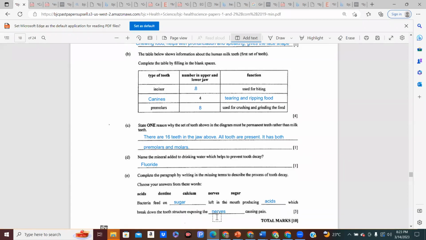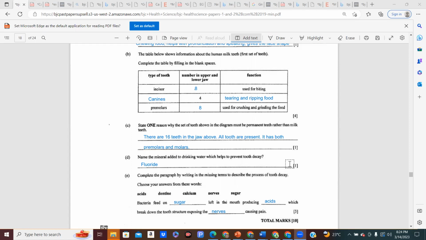This question is for Tegan Hudson. Can you give me one important function of the teeth? Chewing. Very good, chewing. Serenity, can you give me one important function of the teeth? It's used for biting. Okay, good.